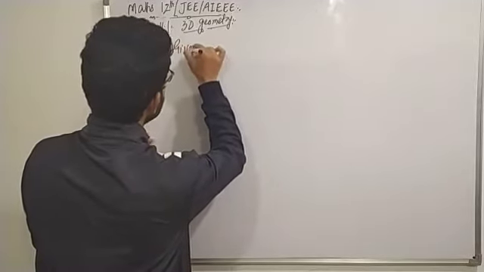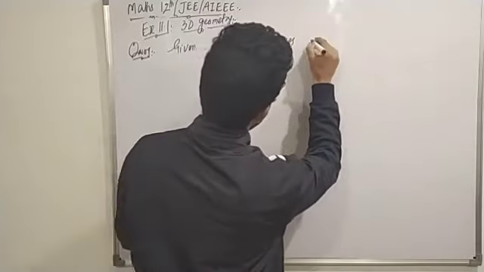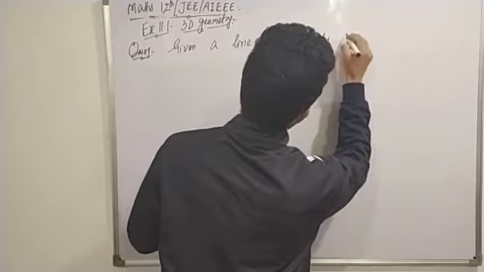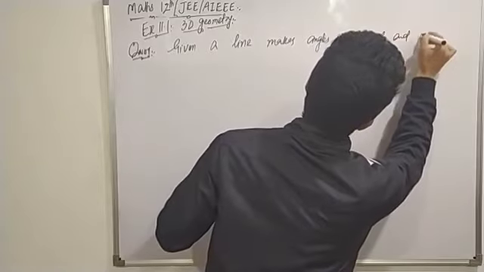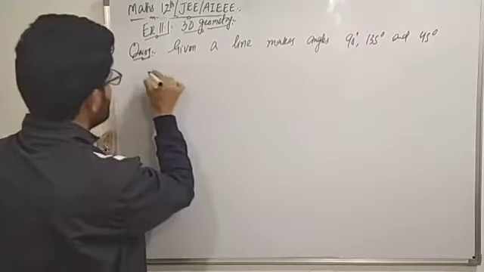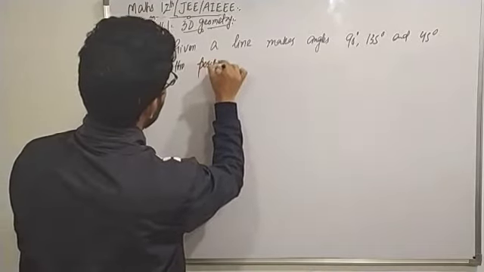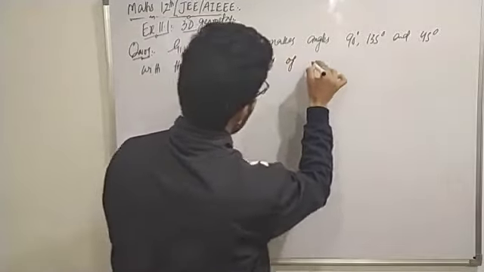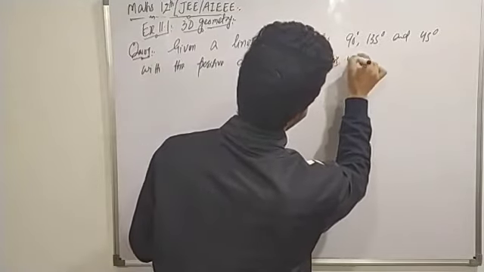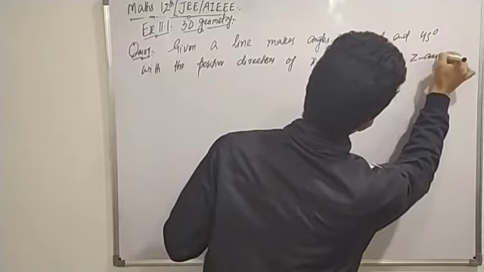So, given a line makes angles 90 degree, 135 degree and 45 degree with the positive directions of x-axis, y-axis and z-axis respectively.